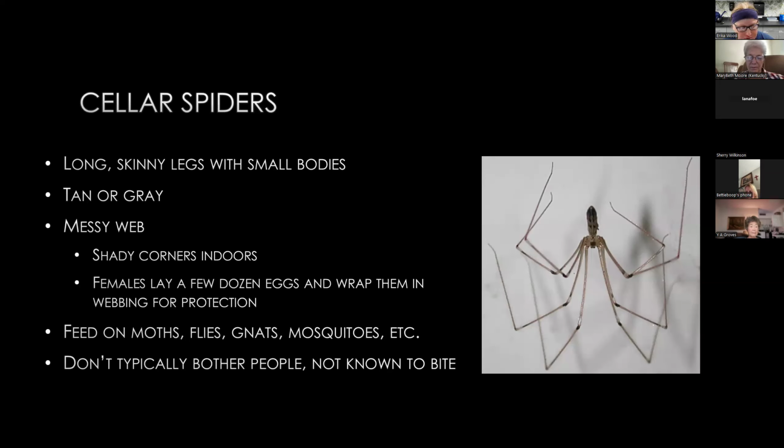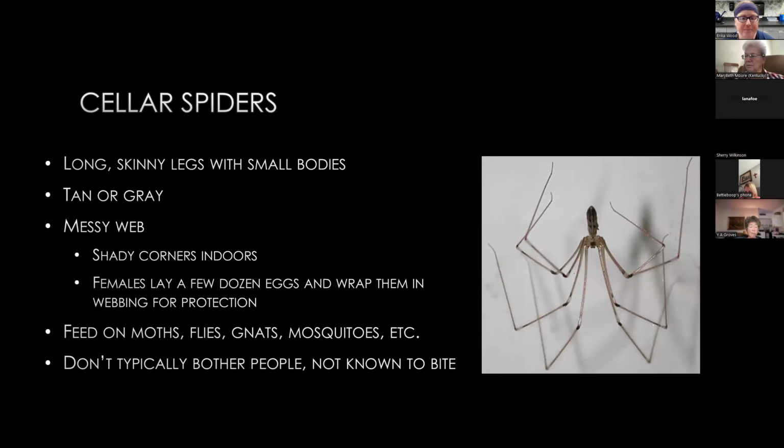Now, something that differs between spiders is how the female spiders lay their eggs, what they do with their eggs. We'll talk about how some spiders will actually carry egg sacs on their bodies until they hatch, or others will create an egg sac and put it on their web.